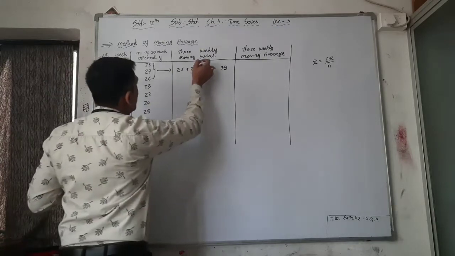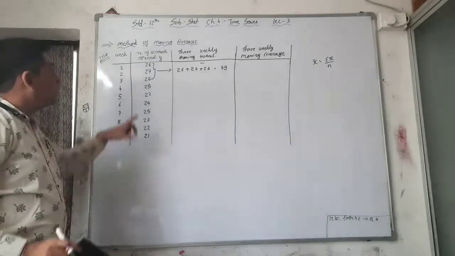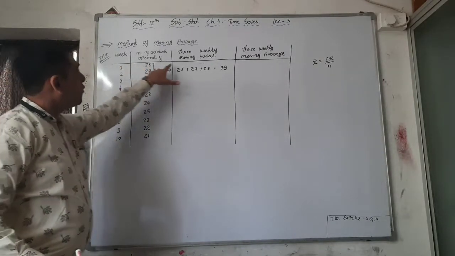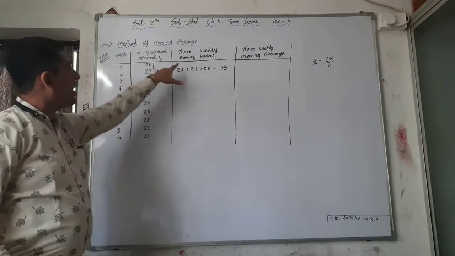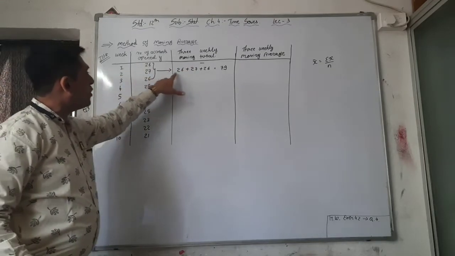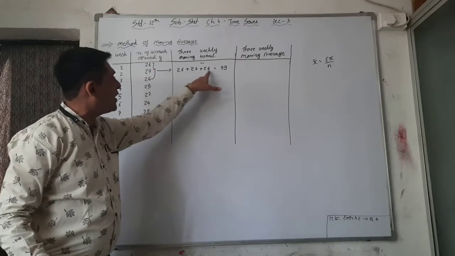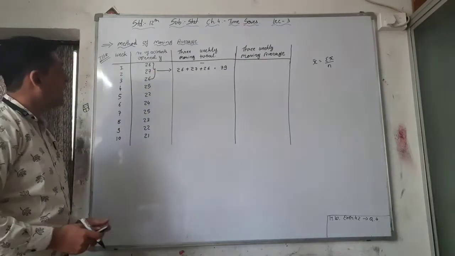So in the first year we have to write a dash, because we cannot find a 3-year average for the first year. That's why we write a dash, and the average of these 3 we write in the center, that is 26 plus 27 plus 26, that is 79.